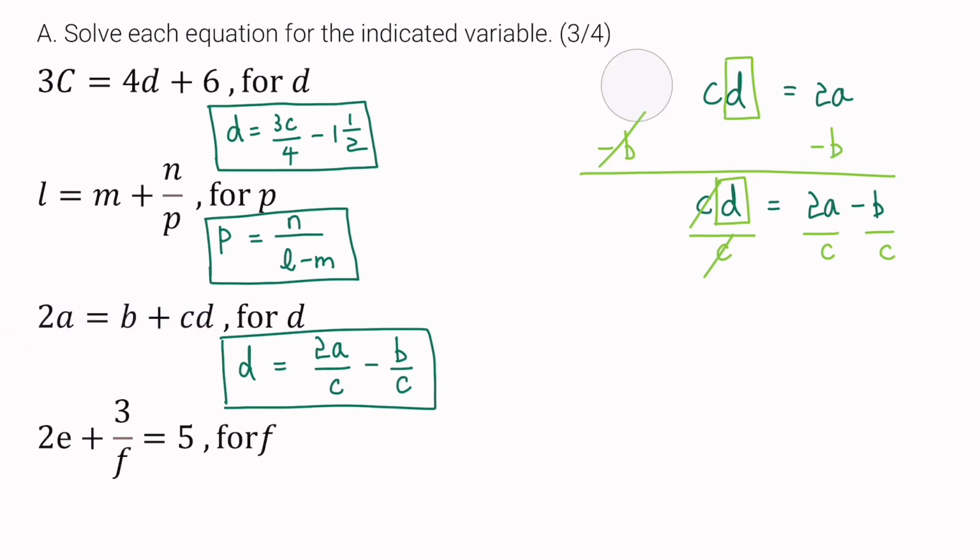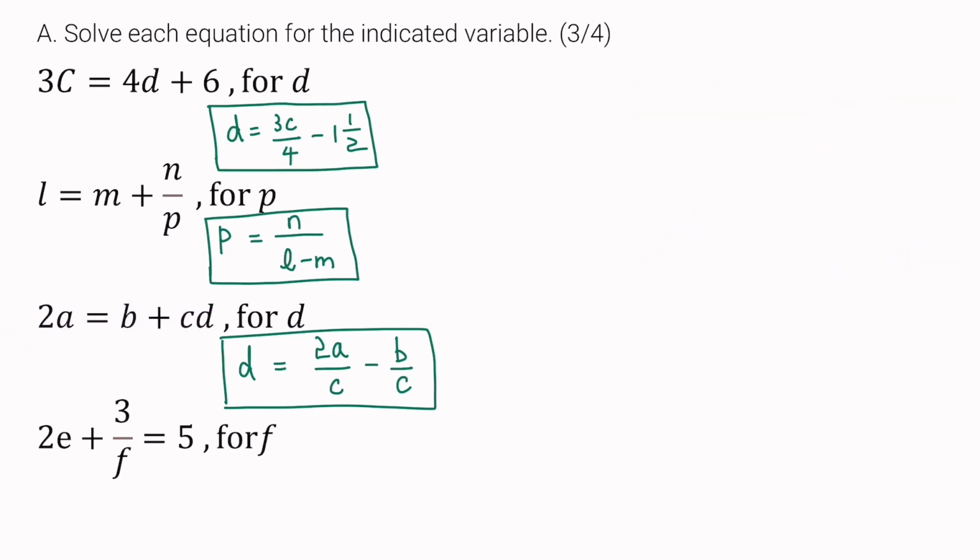Great. Moving on to the last question on this page, we have 2e plus 3 over f is equal to 5, and we are solving for the variable f. So 2e plus 3 over f is equal to 5, and we are solving for the variable f, which unfortunately is in the place of the denominator, but we have already mastered it in this question, so we can do this again. Let's get started.